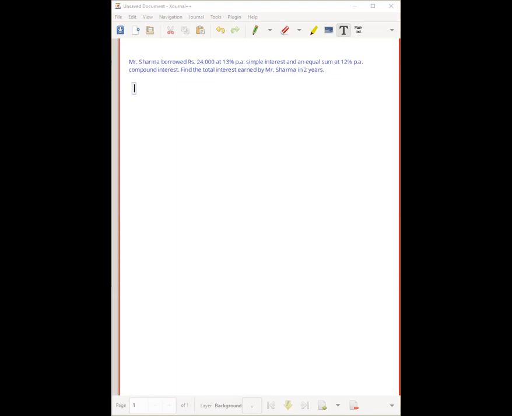Both the amounts should be the same. The principals will be the same. The only thing is we need to find the simple interest and the compound interest and add the interest for both the periods. Rest of you hurry up.